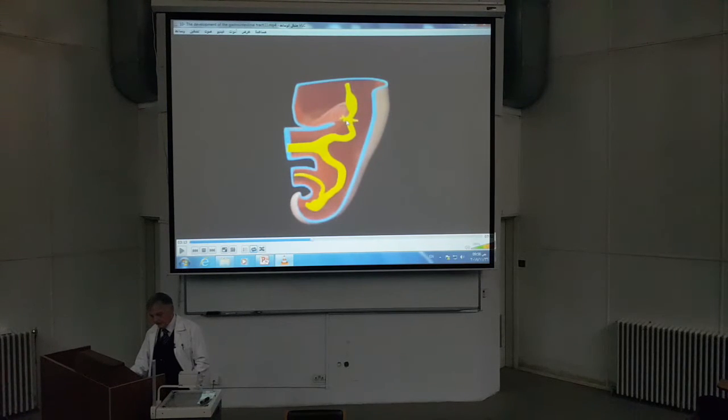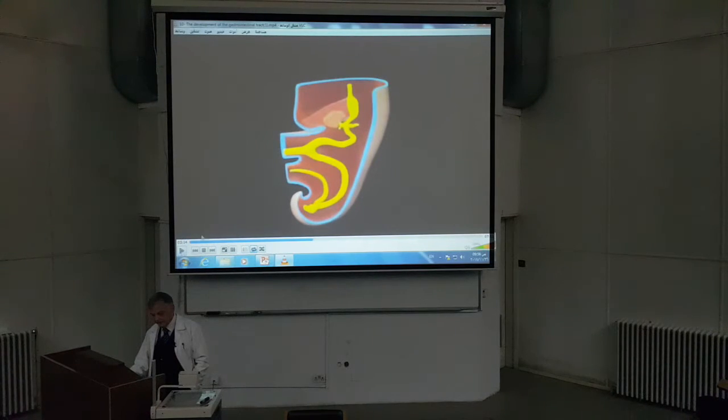If you look here, what is going to happen? That's the liver bud growing into the septum transversum, and there's a little bud here which is going to form the biliary system, and there's this bud on the dorsal side which is going to form part of the pancreas.